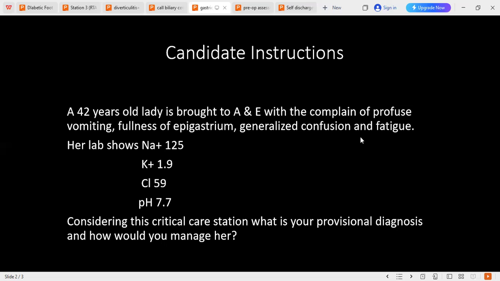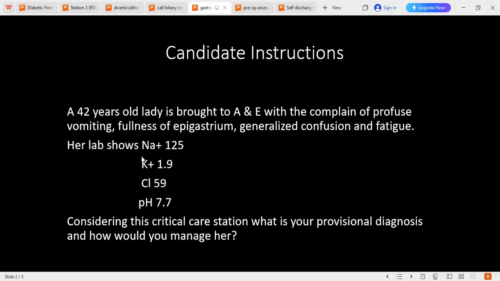If your conservative management is not working, what would be your next step? I would give hypertonic saline, but this should be given very slowly because it can cause demyelination of the CNS. I forgot, I'm sorry. We'll think about it.